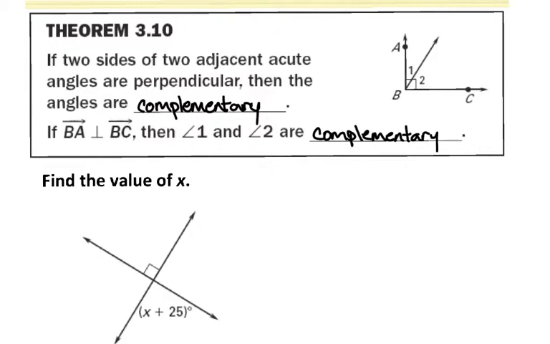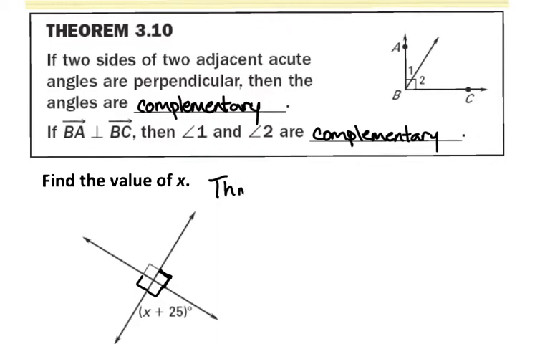We have a pair of intersecting lines, and we know that one of the angles is a right angle. That means these intersecting lines are perpendicular to each other, and all four angles are going to be right angles. So it's using theorem 3.9.